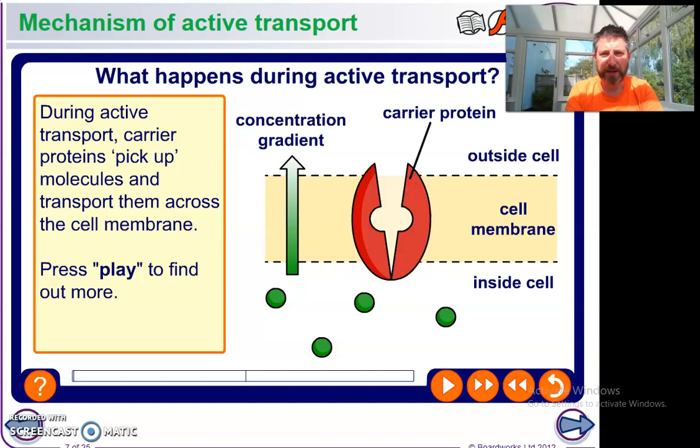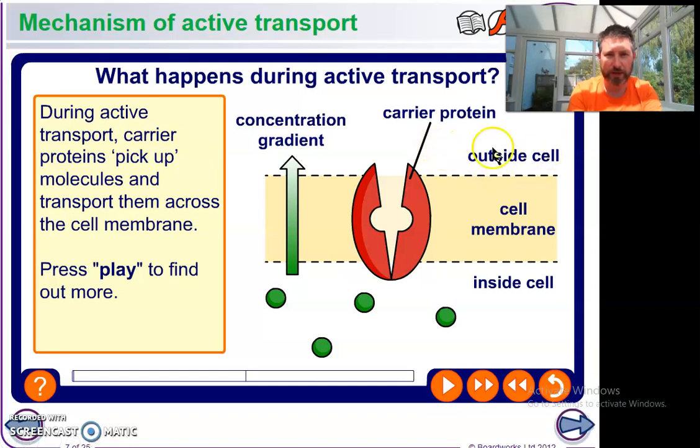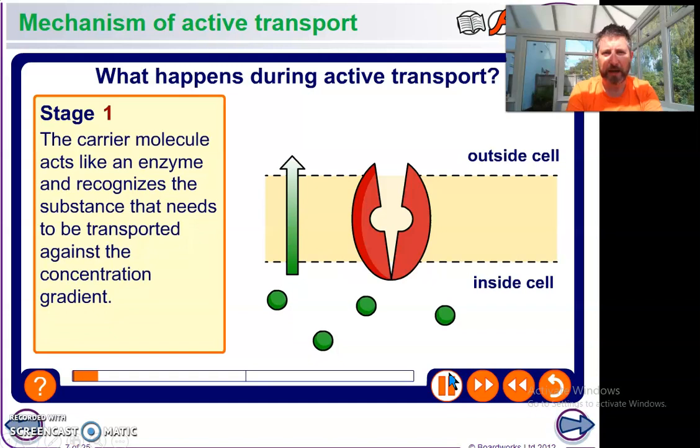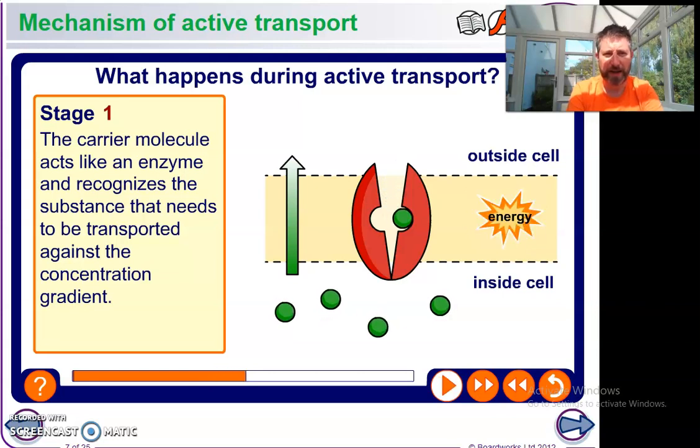Now, how does it take place? It takes place a little bit like this. This is the cell. This is outside the cell. This is inside the cell. And in the cell membrane are things called carrier proteins. Now you can see here there's a high concentration inside the cell and there's a low concentration outside. And what will happen is a particle will be recognized by something like an enzyme.